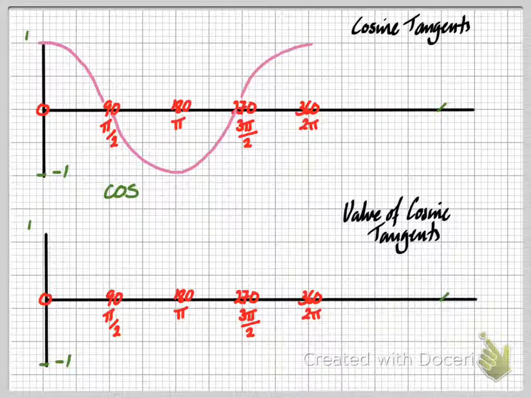You can see this is the cos curve, and all I'm going to do, bearing in mind how we took those tangents, is take cosine tangents, find out what the value of the tangent is at a point on the curve, and then plot it down here, and hopefully this will become easy to see once I get going on it.